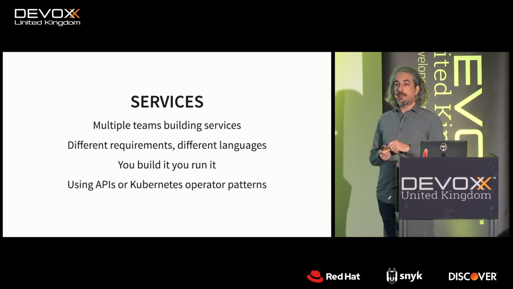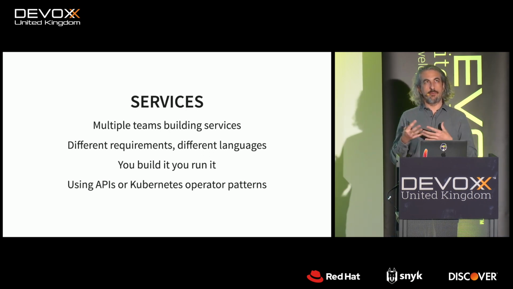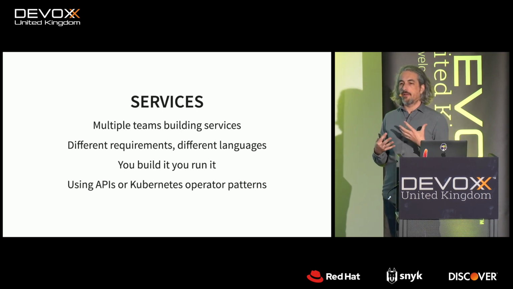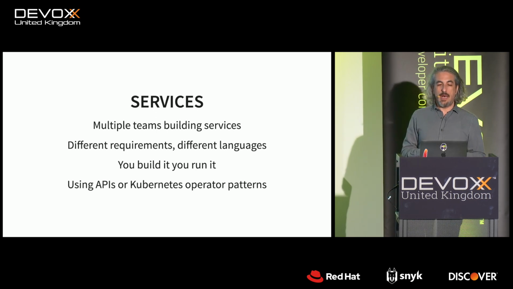We have multiple teams building services, and we try to follow this philosophy of you build it, you run it. So different teams can choose, for the new services that they're creating, whether they want to do it in Java, in Golang, Node, whatever. And we use a lot the Kubernetes operator pattern, which means more of an asynchronous nature.